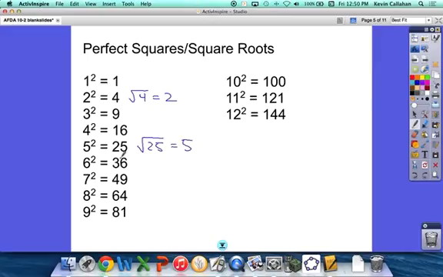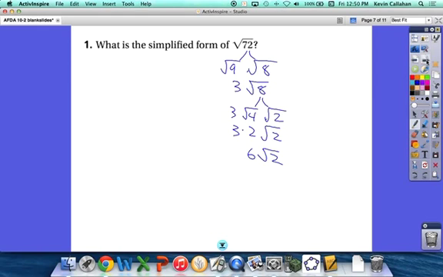So you start at the top and go down so you get the largest perfect square. So I would have gone, that's 36 times 2. The square root of 36 times the square root of 2 is 6 root 2.